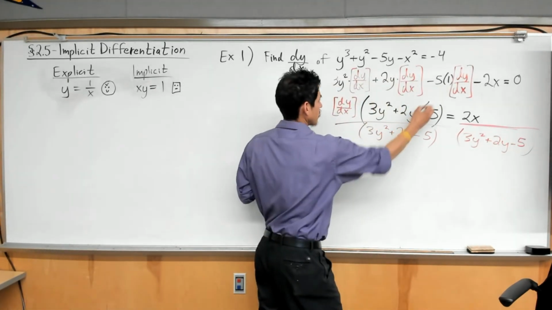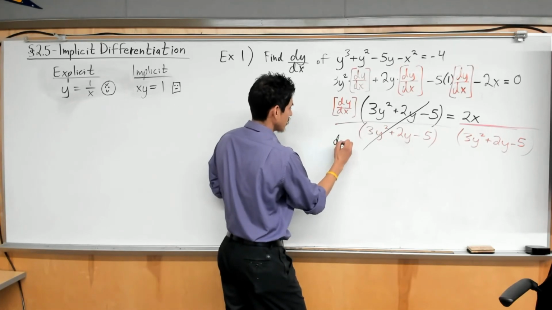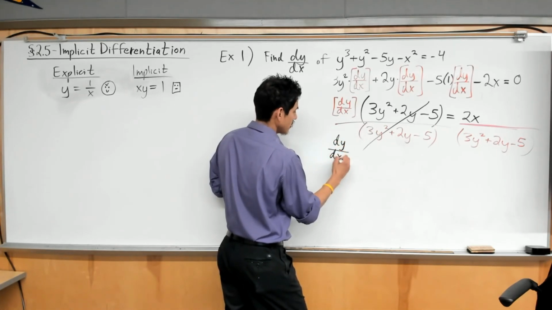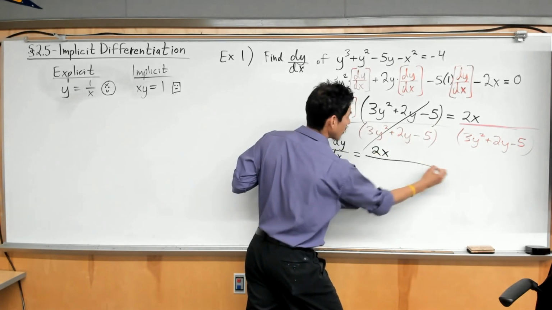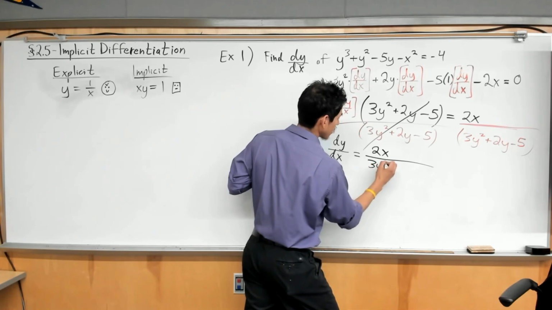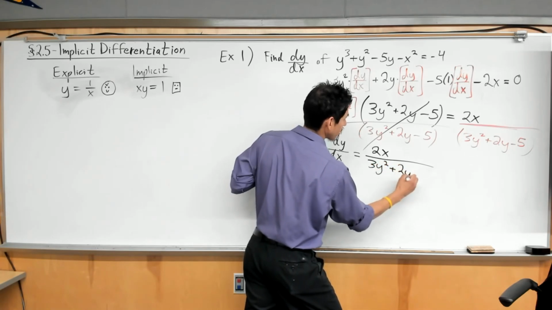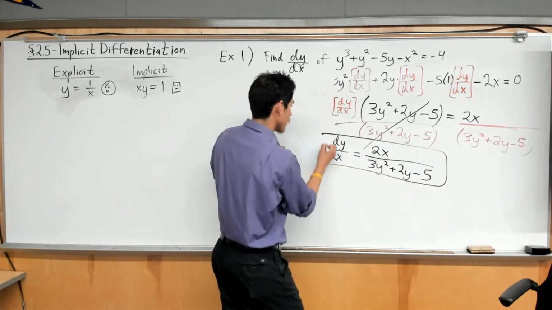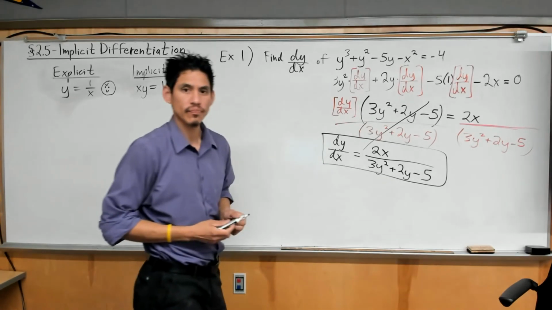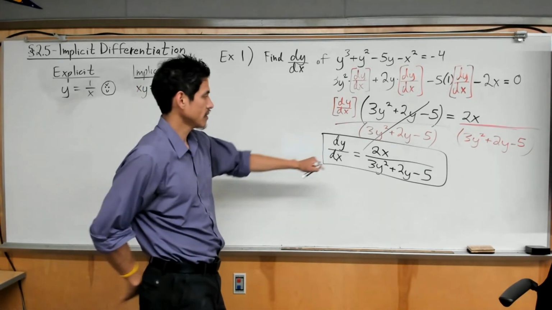And you get this. We get dy dx is 2x over 3y squared plus 2y minus 5. So that's your derivative. See, pretty simple looking, right?